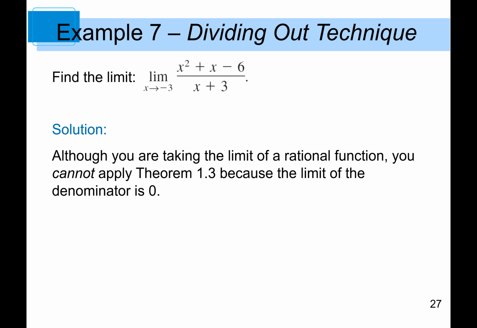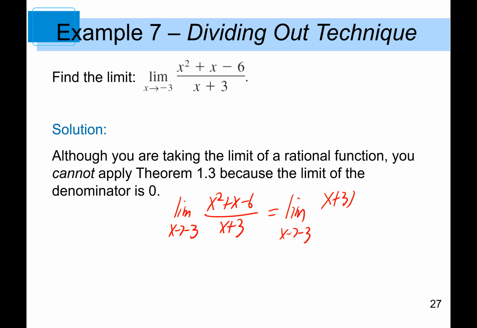For example, like this one, the limit as x approaches -3. If you do direct substitution, you realize that the denominator becomes 0 because -3 plus 3 is 0. So you cannot do direct substitution immediately. However, you can factor the numerator using quadratic factoring. So it becomes x plus 3, x minus 2 over x plus 3.